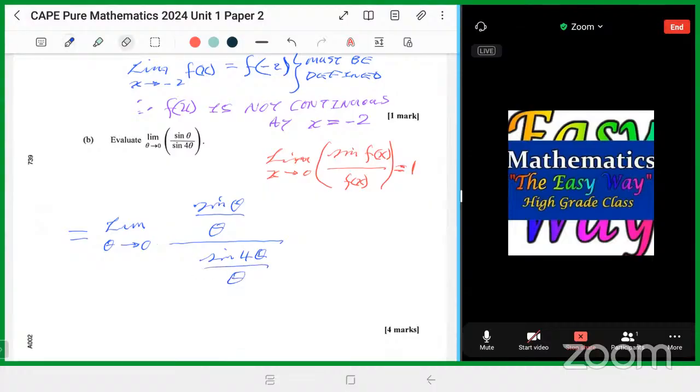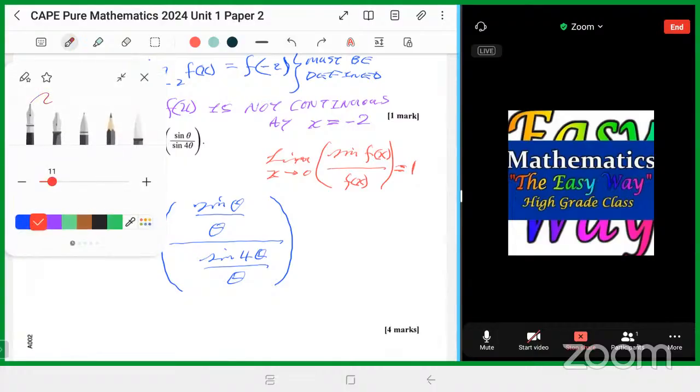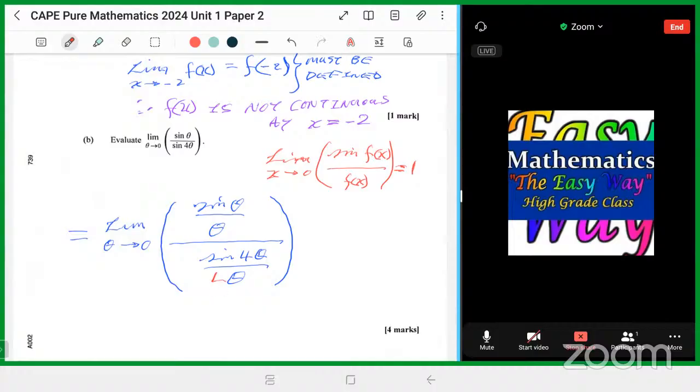What I've done so far is divide the numerator and the denominator by theta. But if I have 4 theta here, I need a 4 theta here. So I'm going to multiply under here by a 4, and then multiply back here with that same 4 and leave it as that.